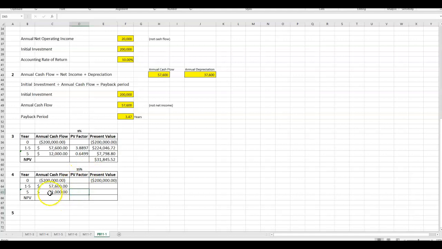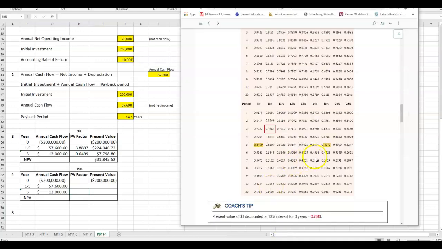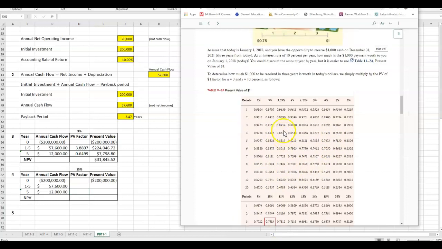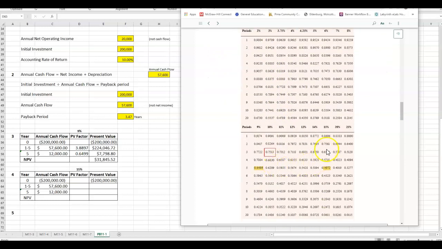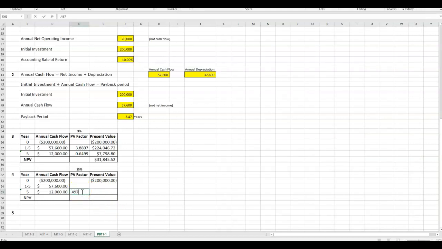Since we're already on this table, let's do this one first. So 5 years at 15%, what's the factor? We're on the present value of 1 table, so we go to 15% and down to 5 years, and the factor is 0.4972. And we'll multiply those.